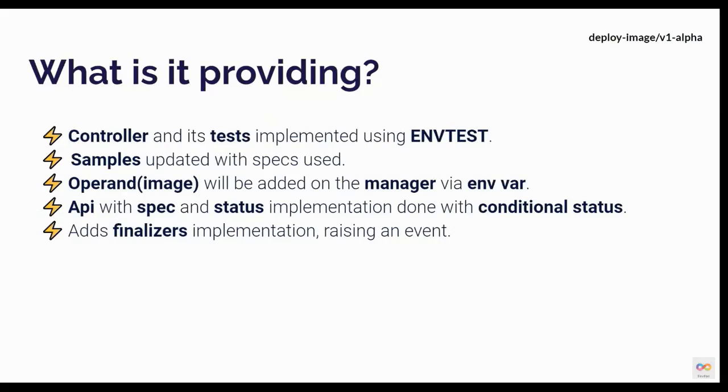The operand, which is the image the user wants to deploy and manage, will be added on the manager via an environment variable. We will take a look at that later. It provides an API with spec and status implementation done with conditional status. Finalizer implementation is also added.